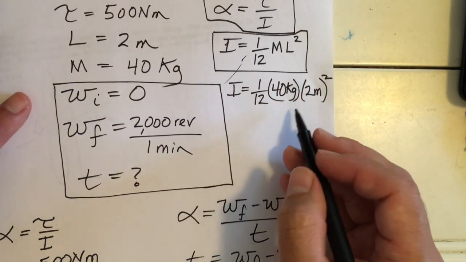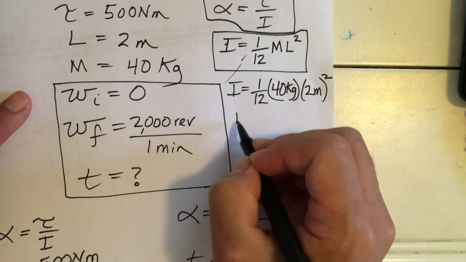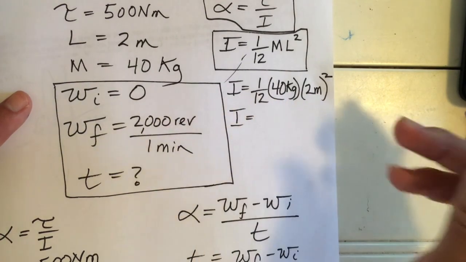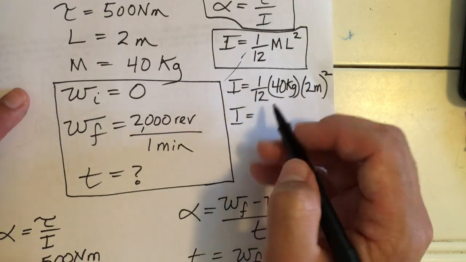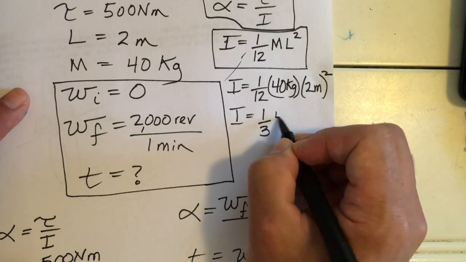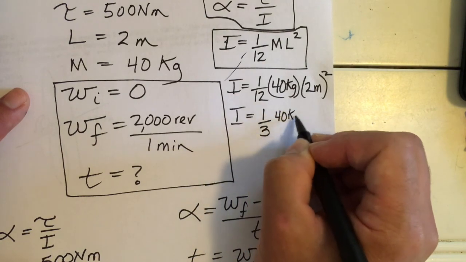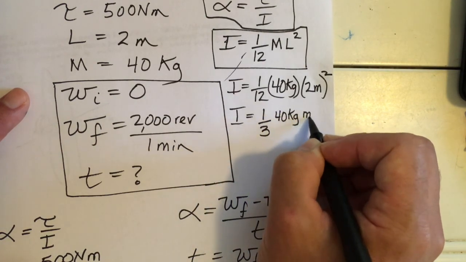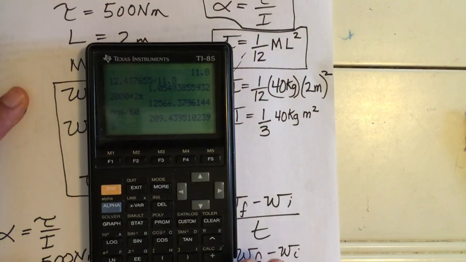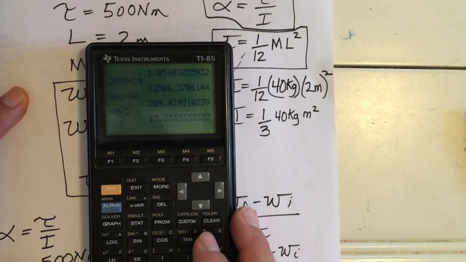All right, so I is equal to, what's that? I'll just do that in our calculator. 4/12 is 1/3. So I'm thinking 1/3 times 40. Yeah. All right, 40 divided by 3. 13.3 repeating.